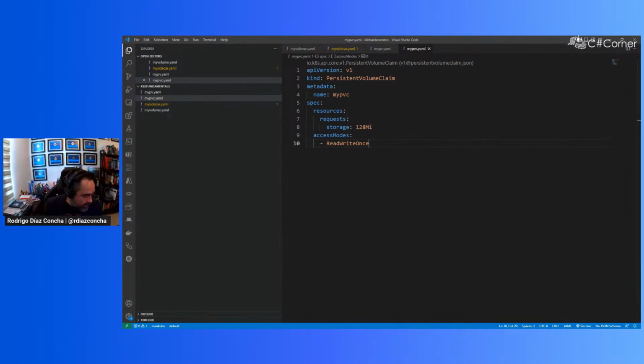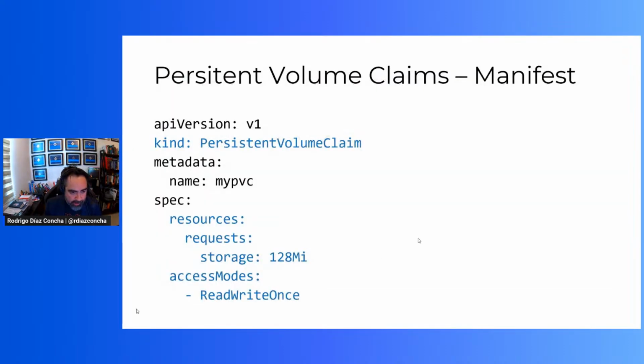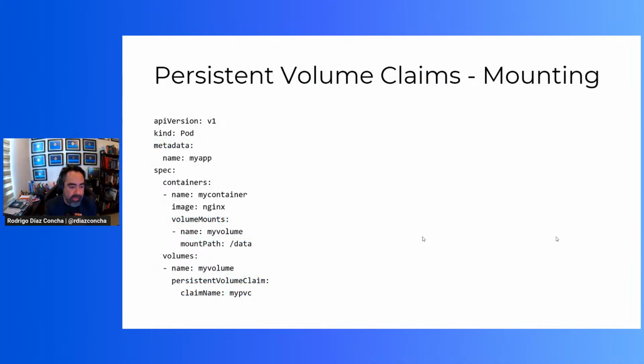So let's go back to the presentation, because this is actually what I'm going to do now. As you can see, this is just a regular pod, right? API version v1, kind Pod, metadata, spec with the containers. And here, this is pretty interesting, because inside the volumes field, I have the persistentVolumeClaim field.